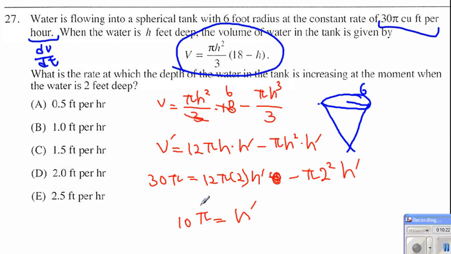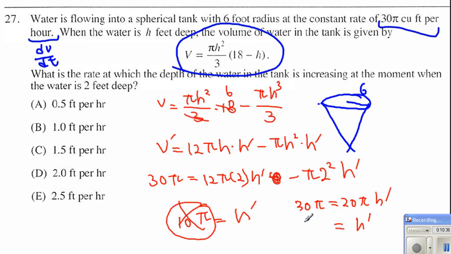Alright, we made a slight mistake right over here. Sorry about that. When you calculate this one, we end up getting 30 pi is equal to 20 pi h prime. So therefore h prime becomes 1.5. So we end up getting that right here.